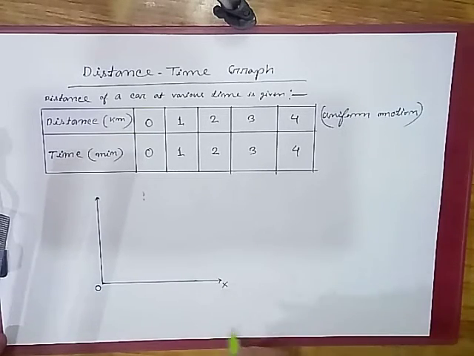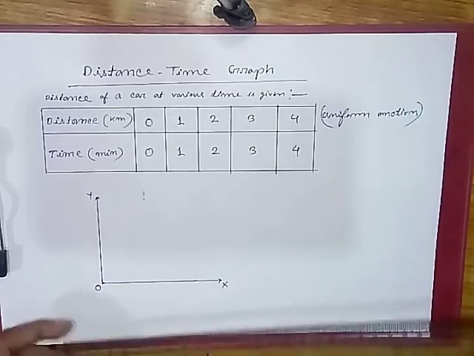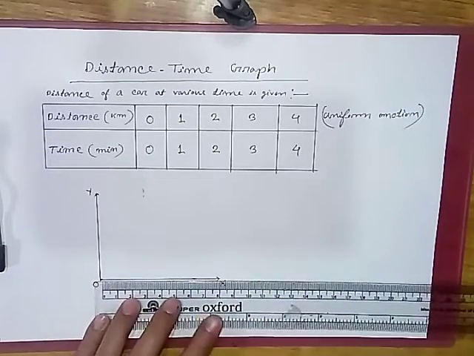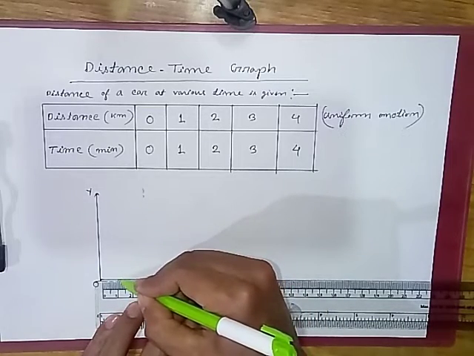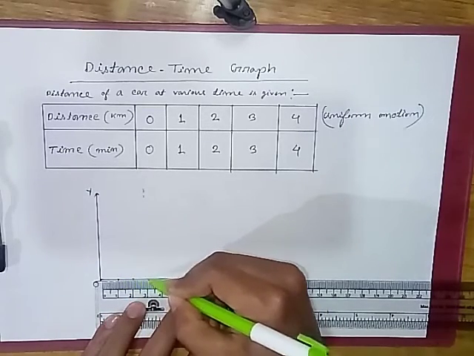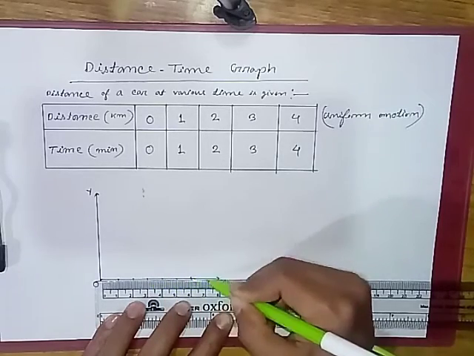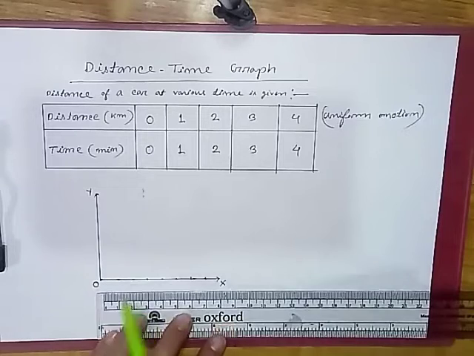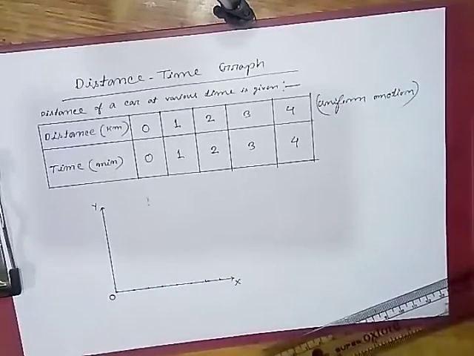This is x and this is y. Now take a distance of 1 centimeter. Okay, now at a distance of 1 centimeter, in 1 centimeter intervals I have drawn these points.